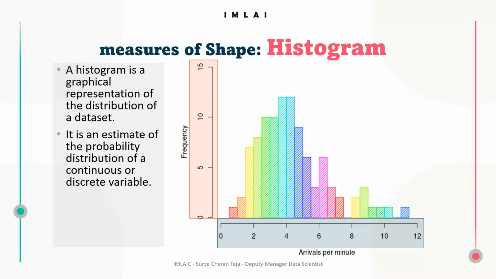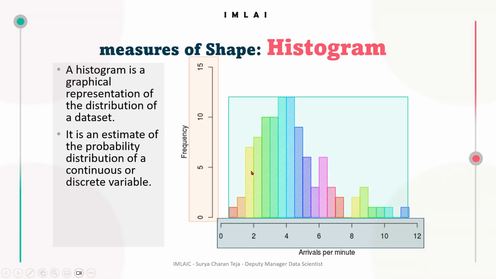The next component is the frequency or count. The frequency or count of data points falling into each bin is represented on the y-axis. On the y-axis, it shows how many data points fall into each bin, which gives an idea of the distribution of the data across the bins. Then finally, the bars that you can see on the screen.